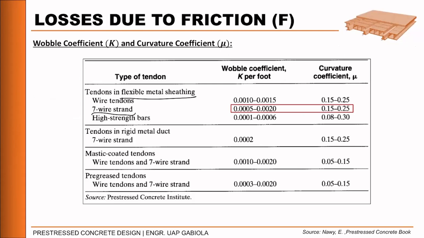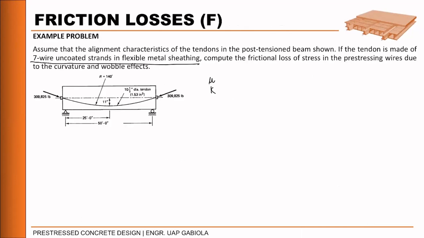So, yung average ng 0.0010 plus 0.0015 is equal sa 0.00125 para sa K. And then dito, 0.15 plus 0.25 over 2 is 0.2. Okay? So, yun na lang yung gamitin natin dito sa example natin. So, 0.00125 and 0.2. Okay?